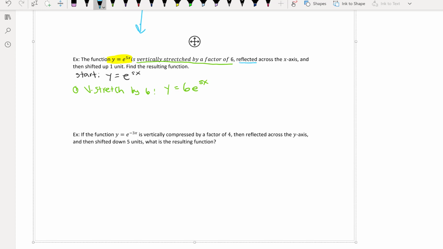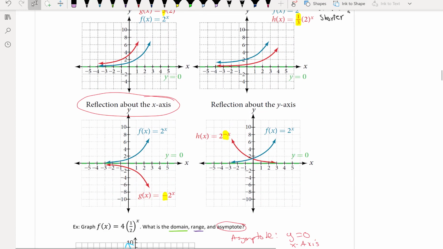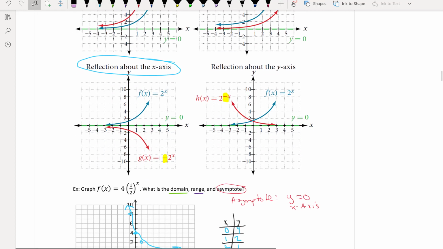Now let's look at the next thing. It says it's reflected across the x-axis. If you need to understand where that is, I look at the definition over here. Reflection about the x-axis, it's this one. So I know that the negative is going to go out in front.